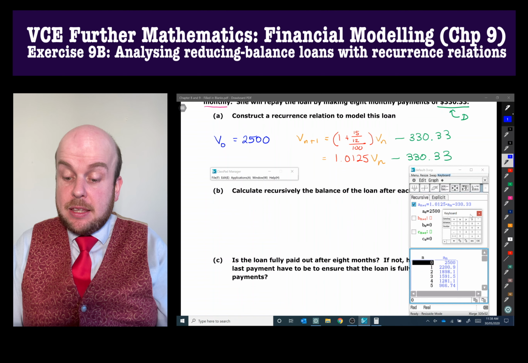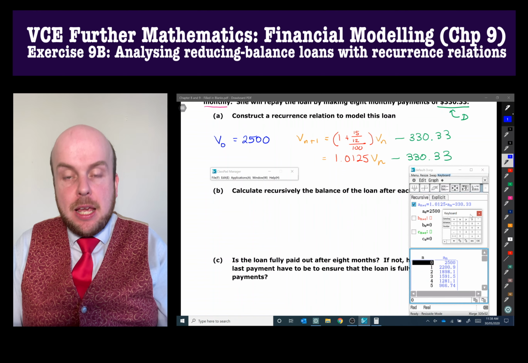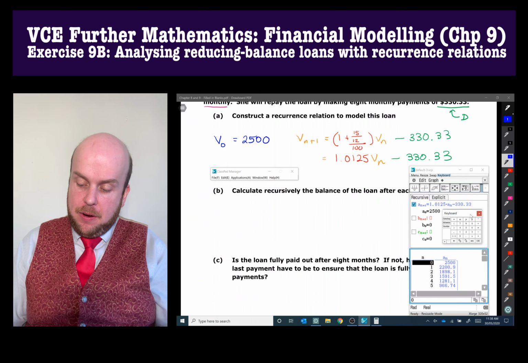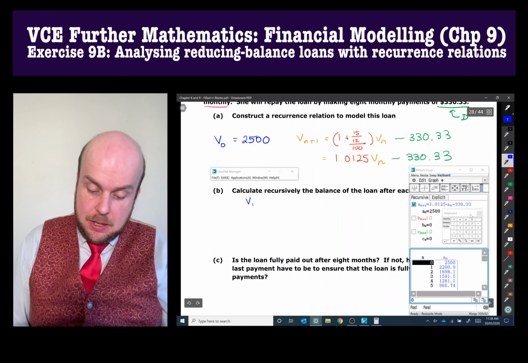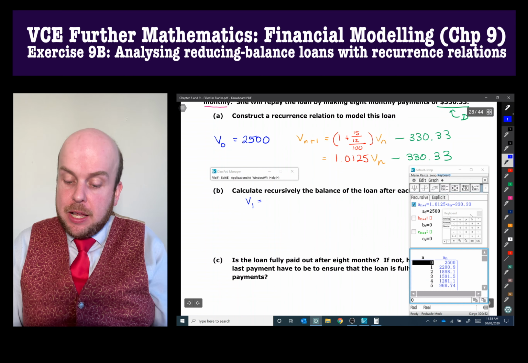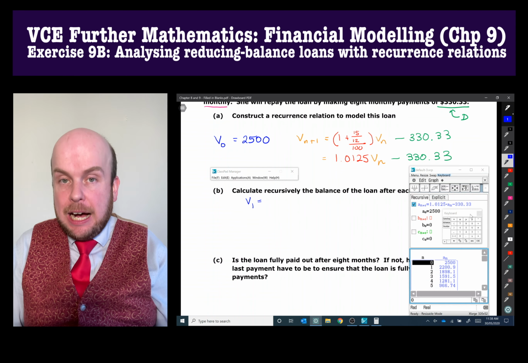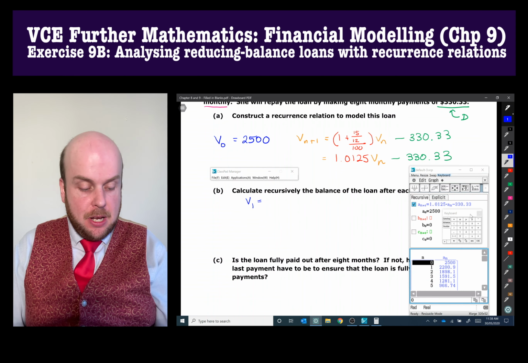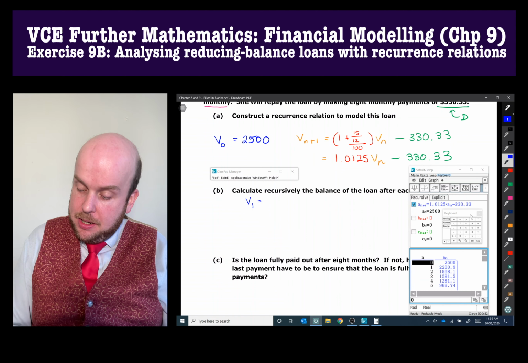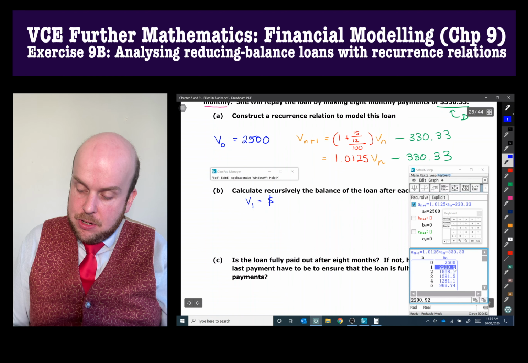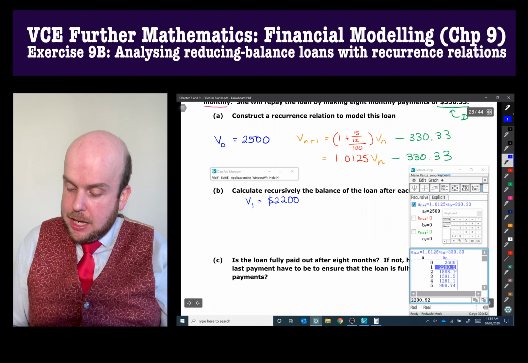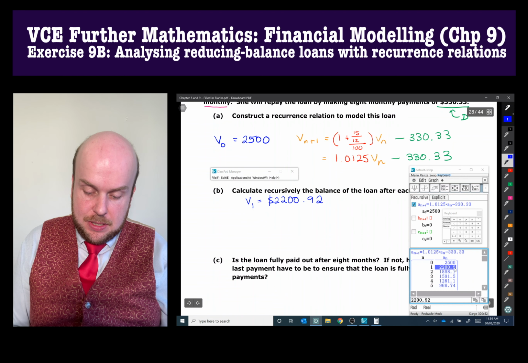Now it says there that there are 8 monthly payments, so we're going to write what these are. Calculate recursively the balance of the loan after each payment. After payment number 1, the value of the loan is now $2,292.